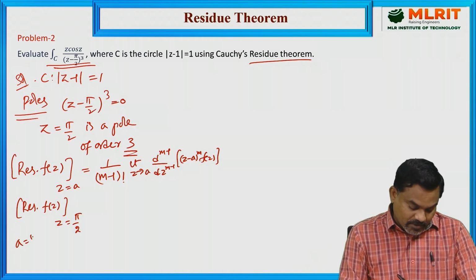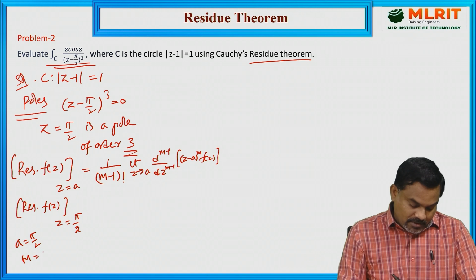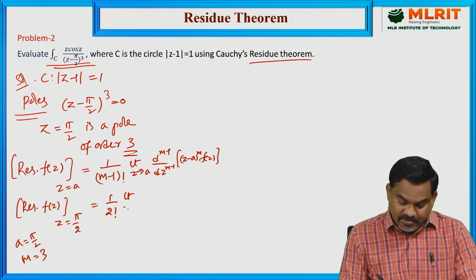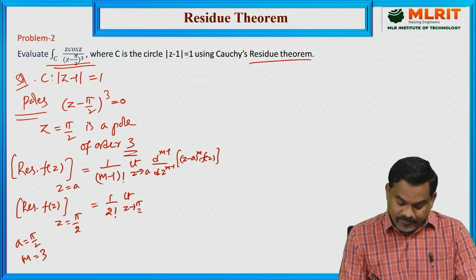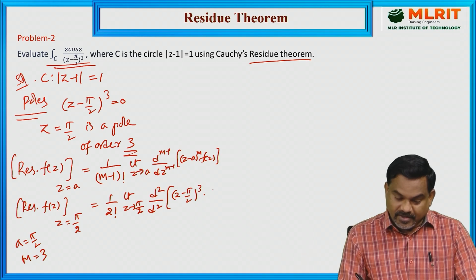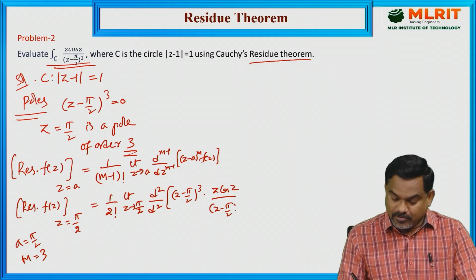So a equal to pi by 2 and m equal to 3. So 1 by 2 factorial limit z tends to pi by 2 and d square by dz square of z minus pi by 2 whole cube into z cos z by z minus pi by 2 whole cube.